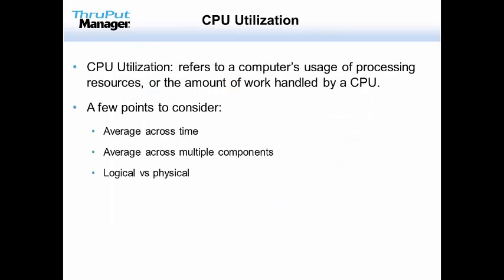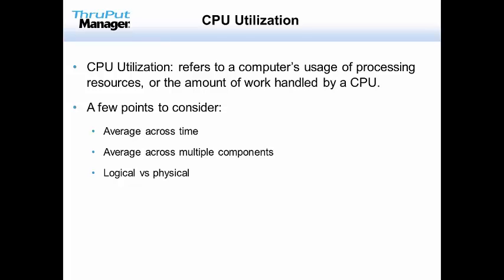So let's look specifically at CPU utilization. Now this simply refers to usage again, but more specifically the amount of work handled by a CPU in a given period of time. The first point here: these CPUs at their most basic level, and I'm not an electronics expert either, but I know enough about these things to make the point, are a series of switches internally, and they're simply on or off.